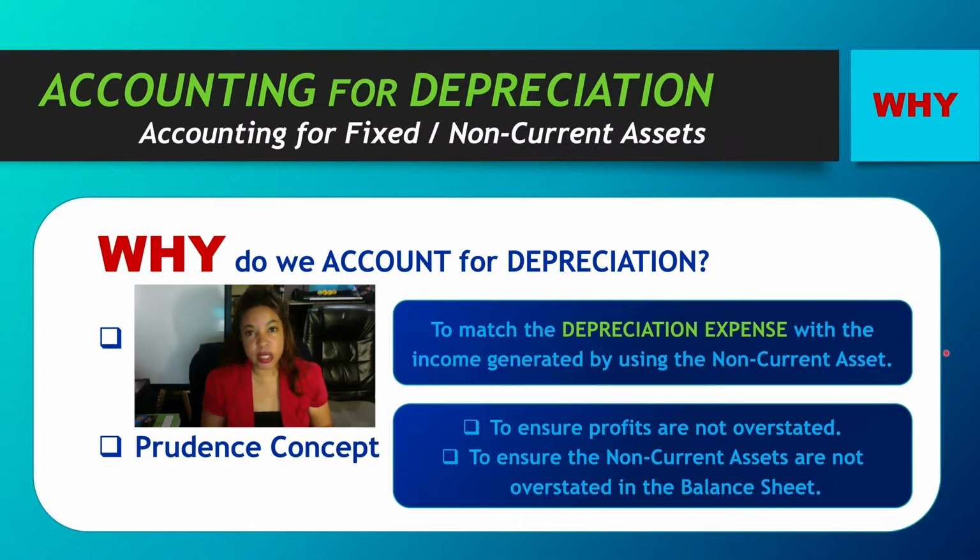So our users will see an overstatement in the value of our non-current assets, and then they will not be making an informed decision. They need to see that these non-current assets, because they are being used to generate the income and the profits, are reducing in value. So that must be accounted for as stated with the prudence concept.